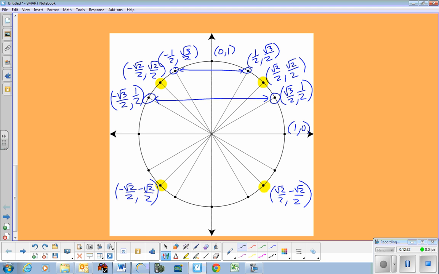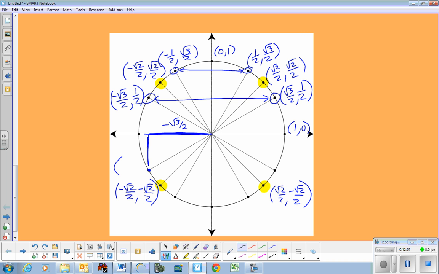On the other ones, on the 30s and 60s, those type spots, you have to decide which one's plus, which one's minus, if either. And you also have to decide which one's the long length and which one's the short length. Down here, it's 7 pi over 6. That's going to be left the long side of the triangle, square root of 3 over 2, negative since it's left.